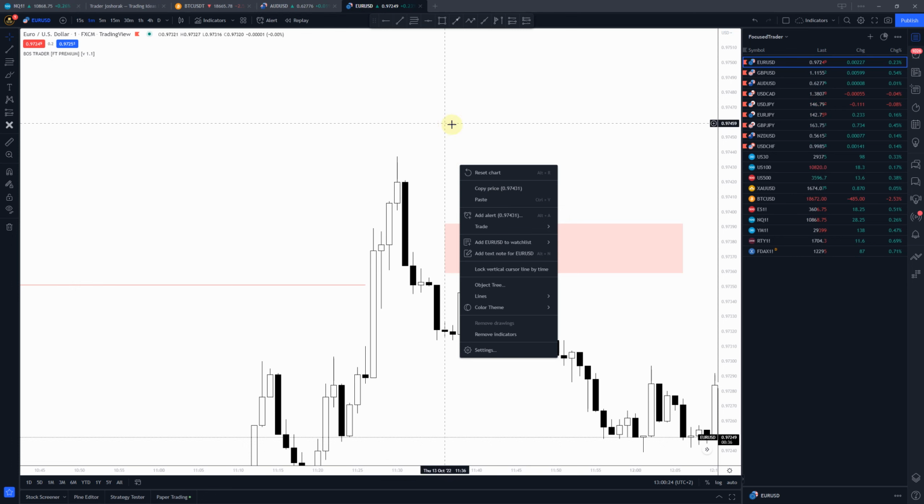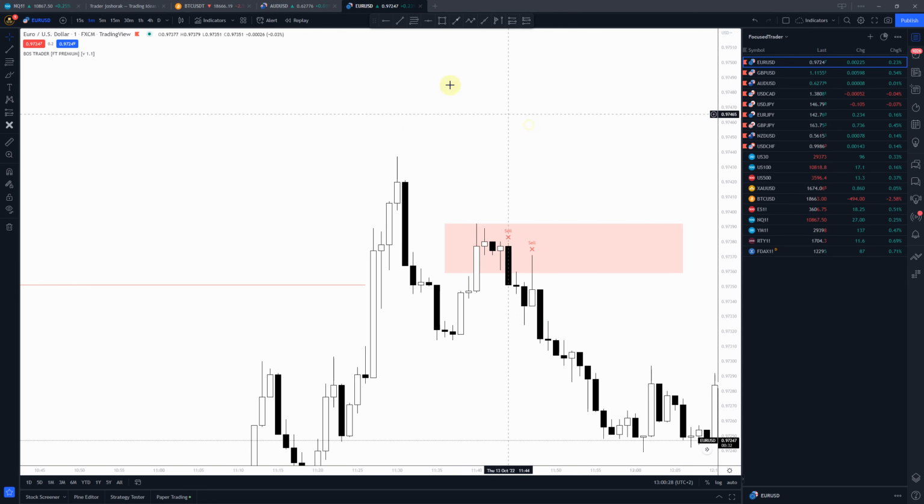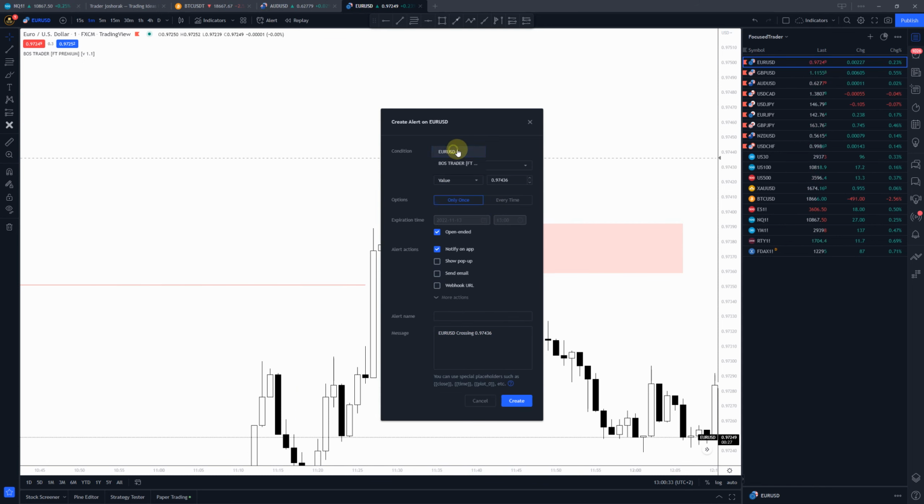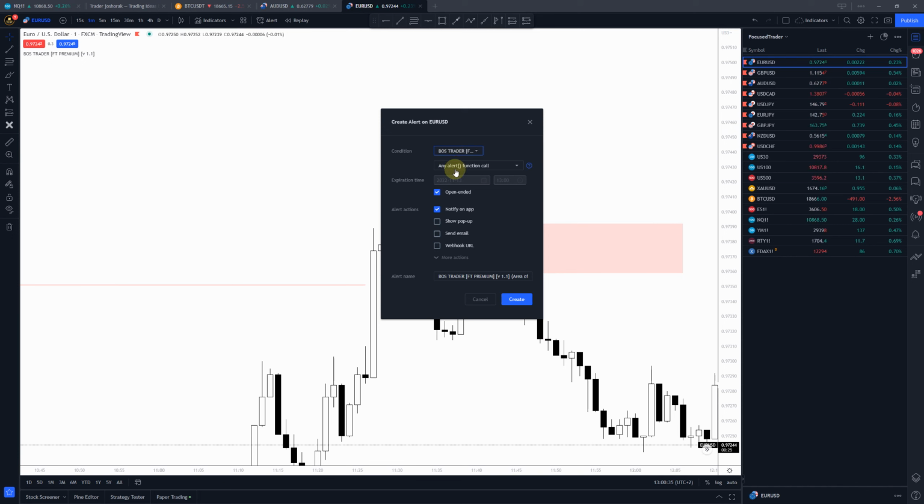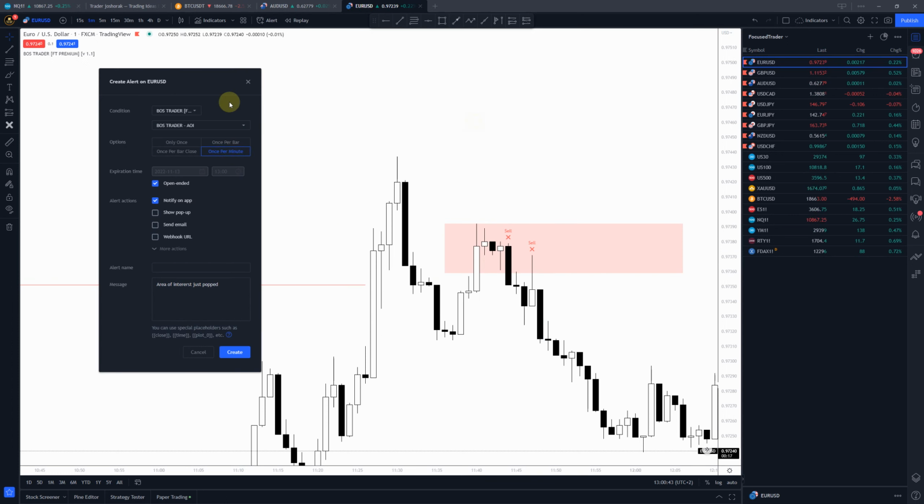If you click the right mouse button and add alert, or you could also click here on alert, let me do this and select this indicator, BOS Trader, and you can see the BOS Trader AOI, which means according to your current settings, when BOS Trader AOI happens, you will be alerted.